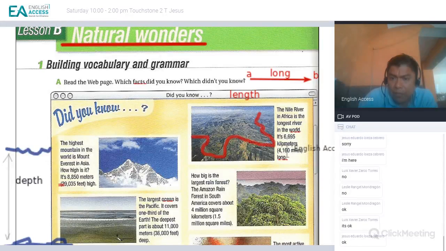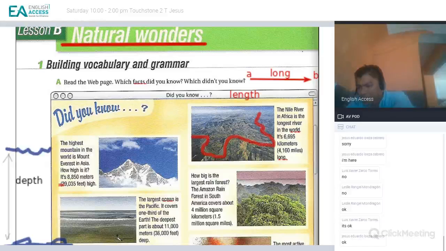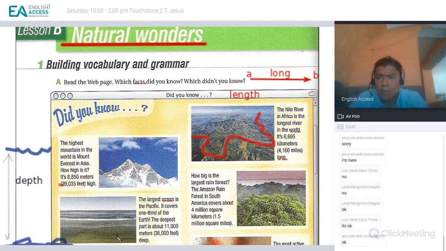It's 4,160 miles long. How long is the country of Mexico? Do you have that information with you? I believe it's close to this amount, but we'll check later.